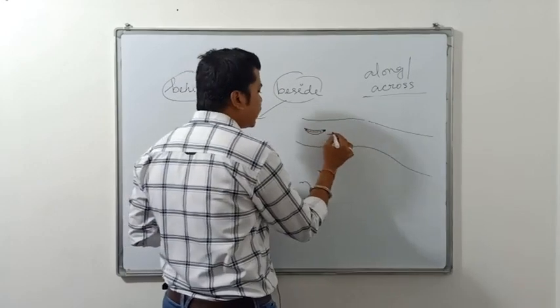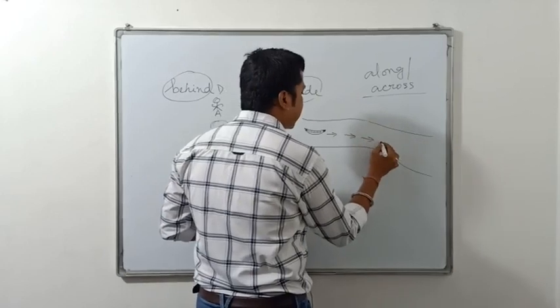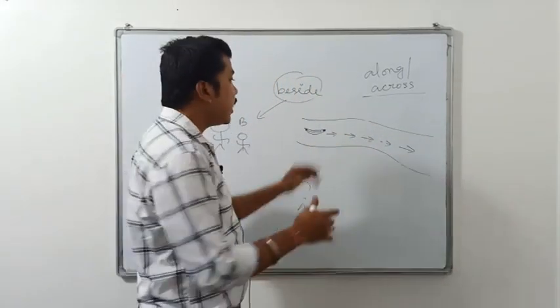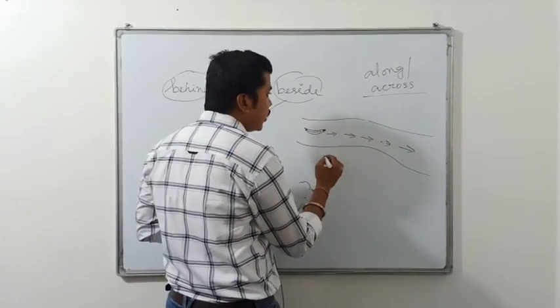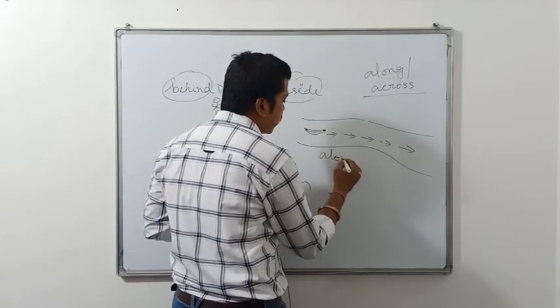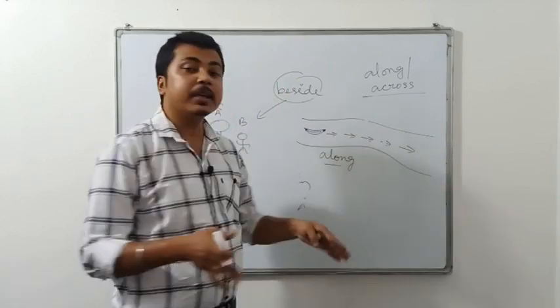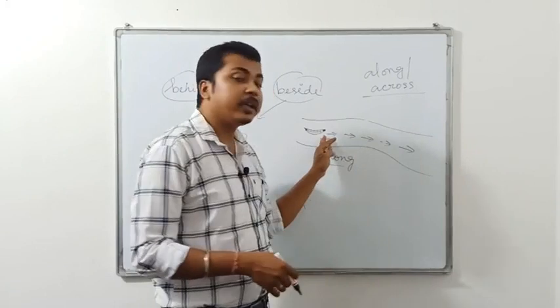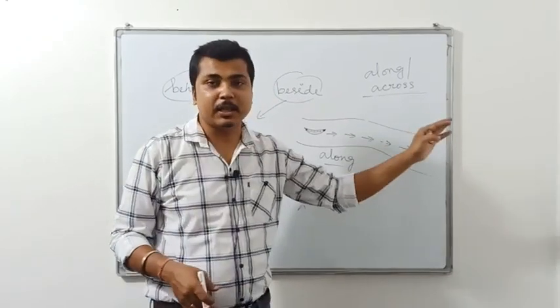If the boat sails in this direction, that means in the direction of the river, in this case you are going to use the preposition along. Along मतलब नदी के साथ साथ ही, उसी तरफ. Okay, when we use along it means on that particular direction.